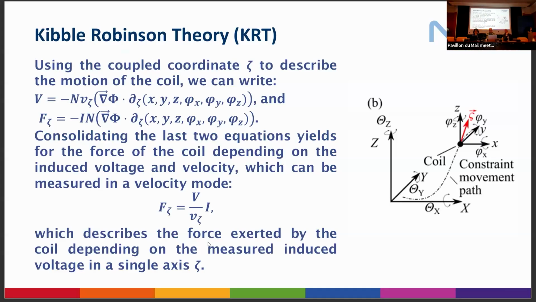Now I want to talk a bit about the Kibble-Robinson theory. We started calling that KRT at NIST about two years ago. So if you have the same guiding and balancing mechanism, which is the way that NIST has been doing it, and NPL too, there's a big advantage to that, which is that you can write the velocity.